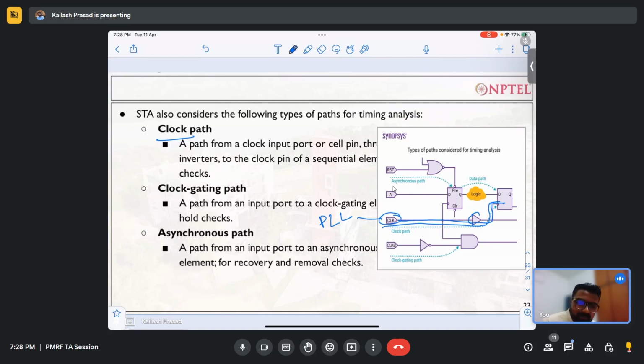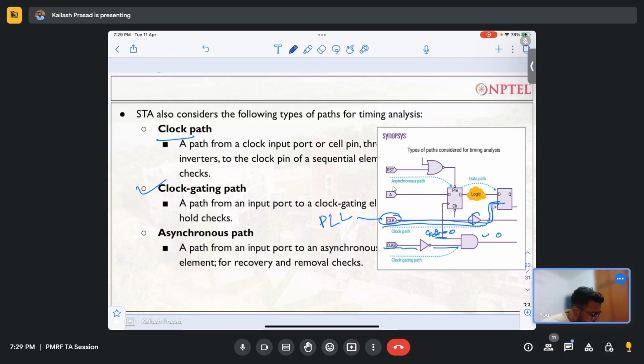There can be another path called the clock gating path. If there is a clock and another signal, called the gating signal: if this gating signal is zero, the output will always be zero.